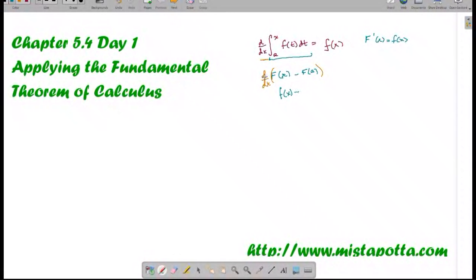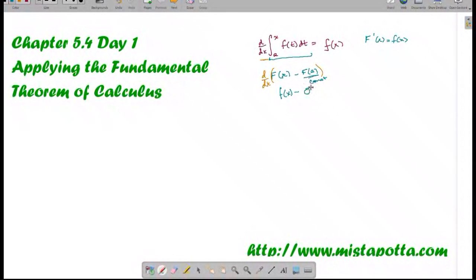But keep in mind that I can distribute this differential operator over this parentheses, and this is a constant. This is the plus c that we get when we integrate, or some representation of it. And when I take the derivative of a constant, I end up with 0.